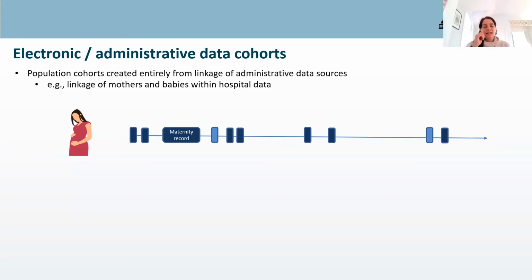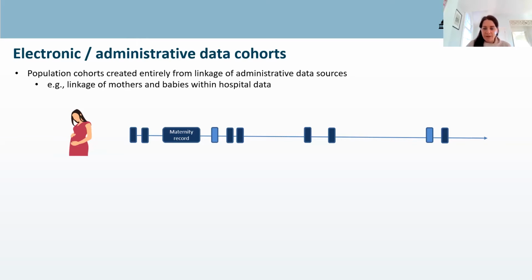So anytime we interact with a service, for example, a hospital or a GP, then a record is created. And if we can link these records together over time, it helps us build a picture in some ways of someone's pathway through life. And in my work and in our department, we're particularly interested in what happens prior to and during pregnancy and how this relates to later maternal and child health.